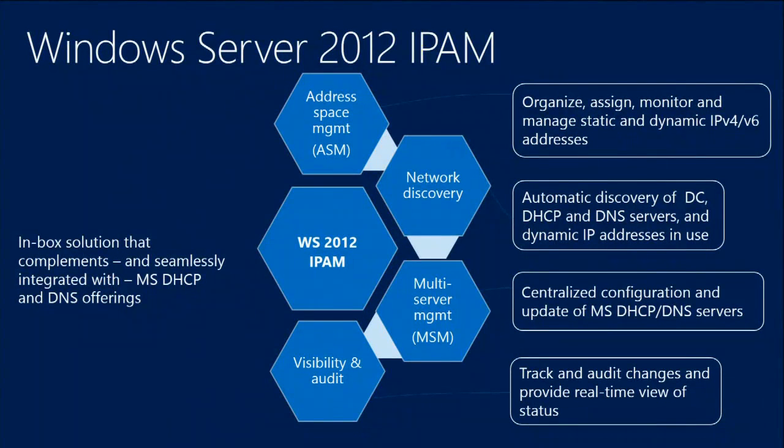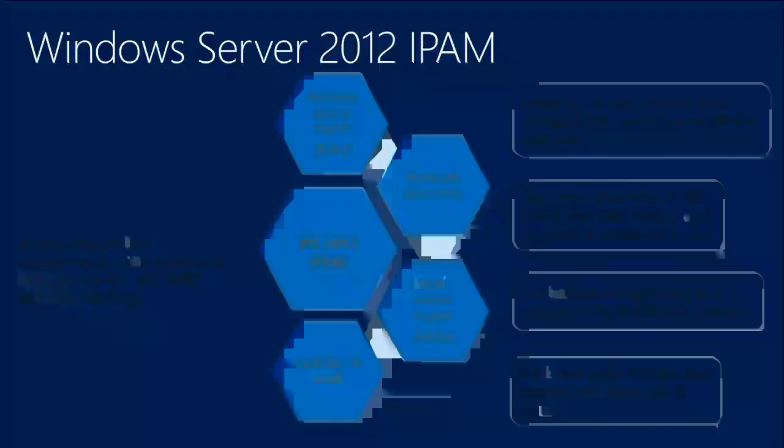Now the next thing, and I want to emphasize this point, is that Windows Server 2012 IPAM doesn't require you to install any agents on the DNS and DHCP servers. You can install IPAM, specify a domain or a list of domains within your enterprise, and IPAM will automatically discover the DNS and DHCP servers as well as the domain controllers present in those domains.